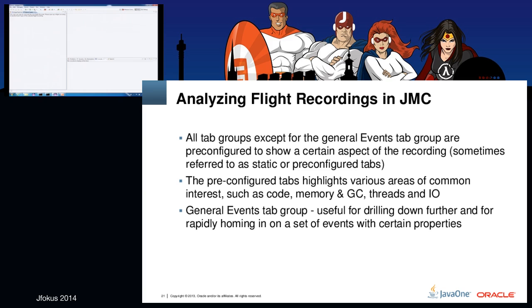Another thing you can see is exceptions. You can record and see what exceptions were happening during the recording. It's nothing really fancy, but one improvement compared to the old JRockit implementation is that you now get the exception message, which is very useful.